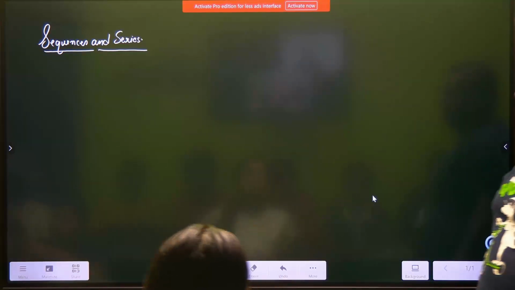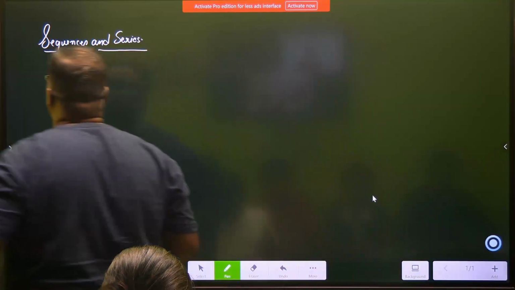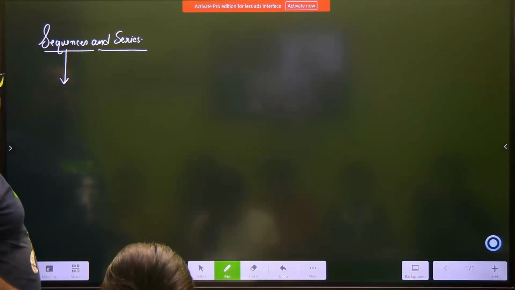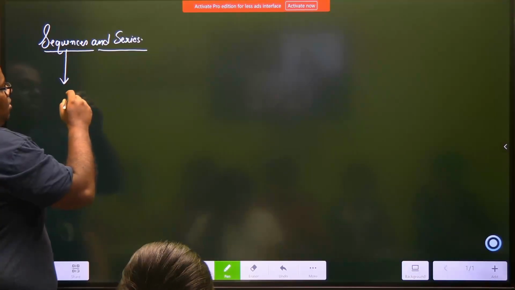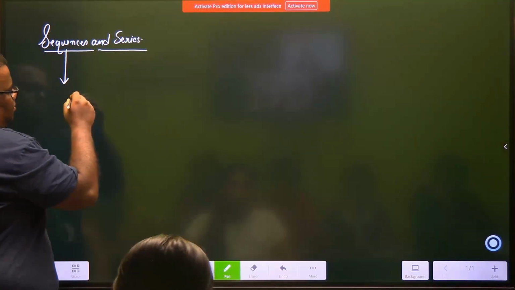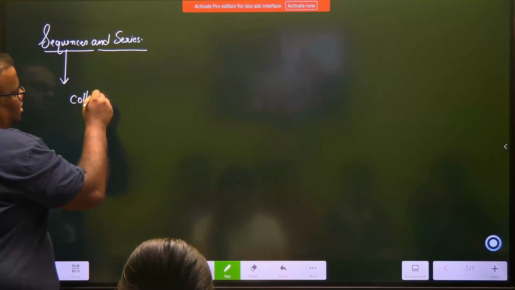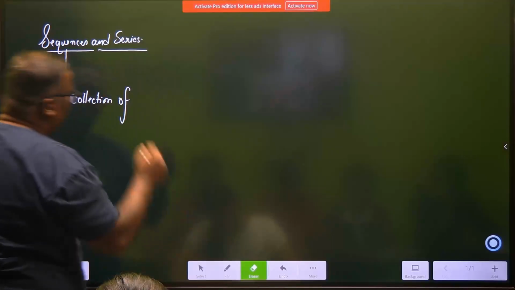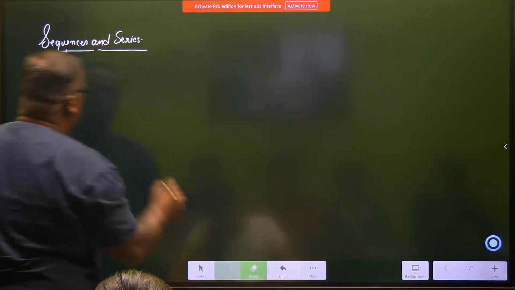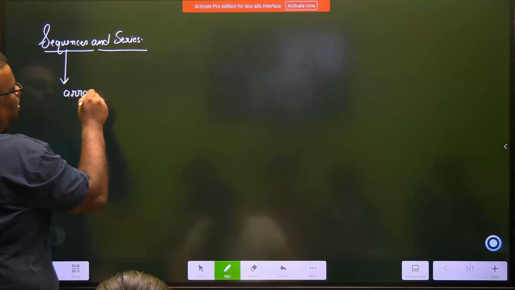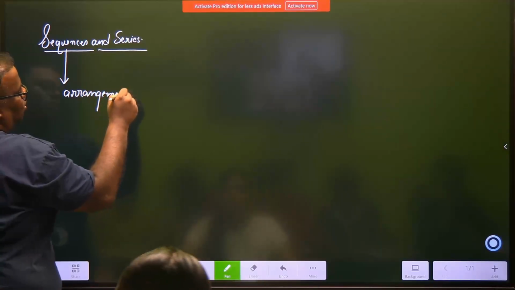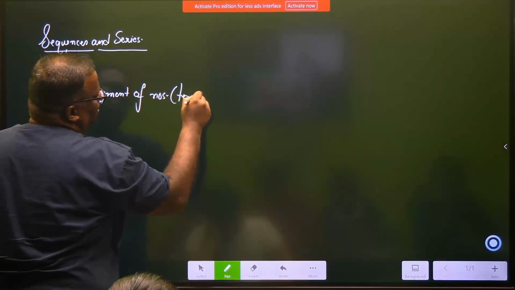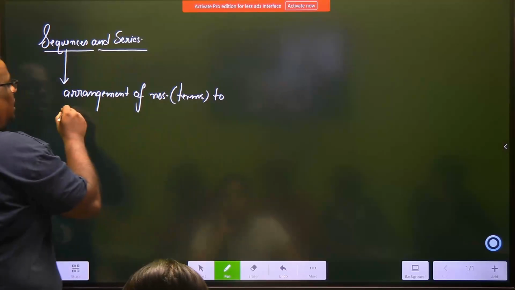Sequence and series. Now, first we will develop a little bit of knowledge about the word sequence. Series will come later. Sequence is an arrangement of numbers, rather I'll put the word terms, to a definite pattern.